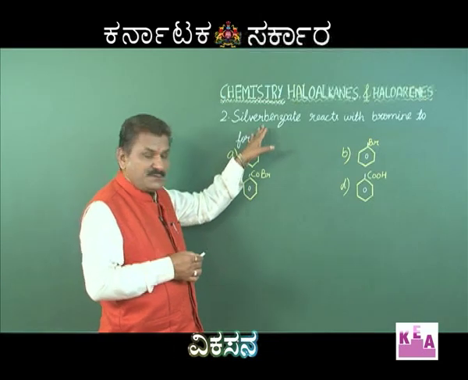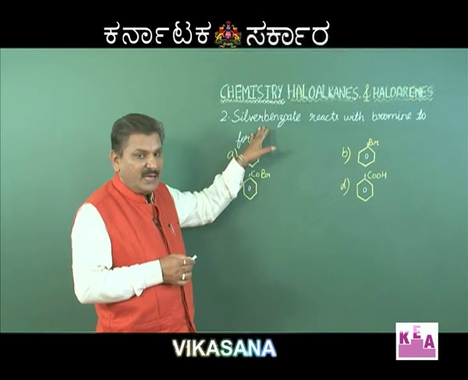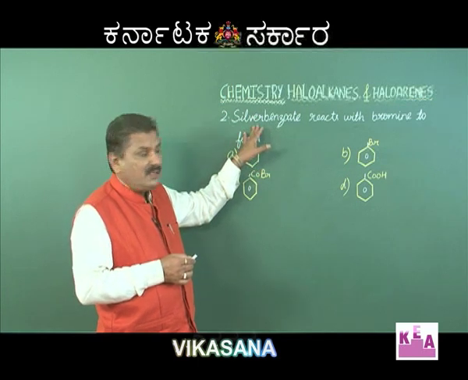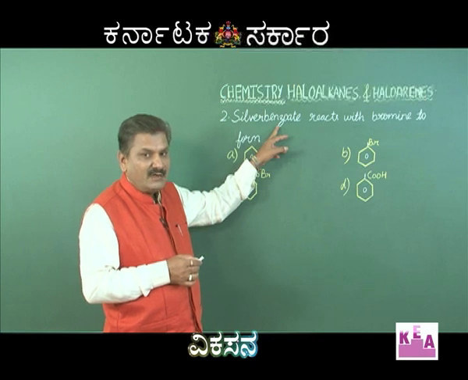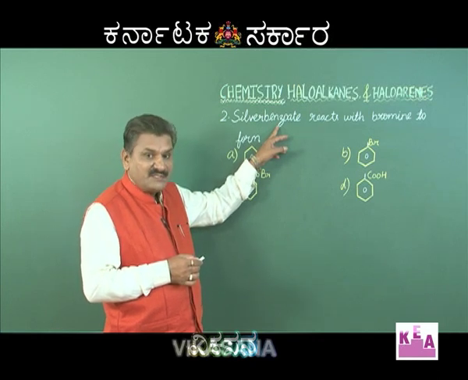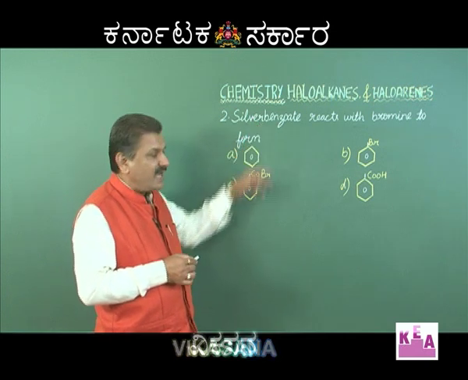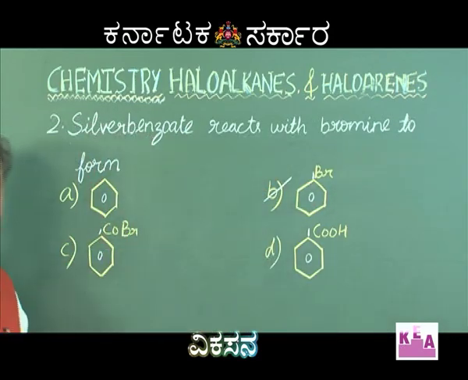Just now in the synopsis we had seen that one of the methods for preparation of haloarenes is the Hunsdiecker reaction, wherein silver benzoate reacts with bromine in carbon tetrachloride to give bromobenzene. So, according to this reaction, the correct product is option B, bromobenzene.